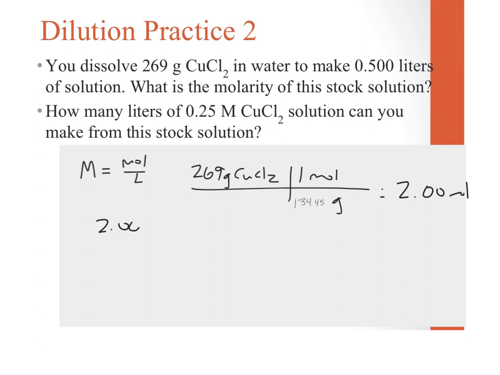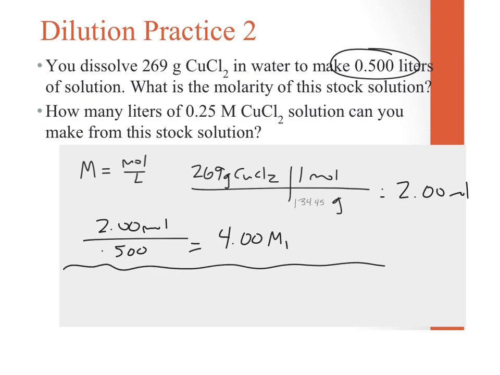So I'm going to put 2.00 moles on top, and I'm going to divide by 0.5 liters of solution, which is the same as multiplying by 2. So I have a 4 molar solution, and that's my M1. Now the second bullet point says how many liters of 0.25 molar CuCl2 solution can you make from this stock solution?